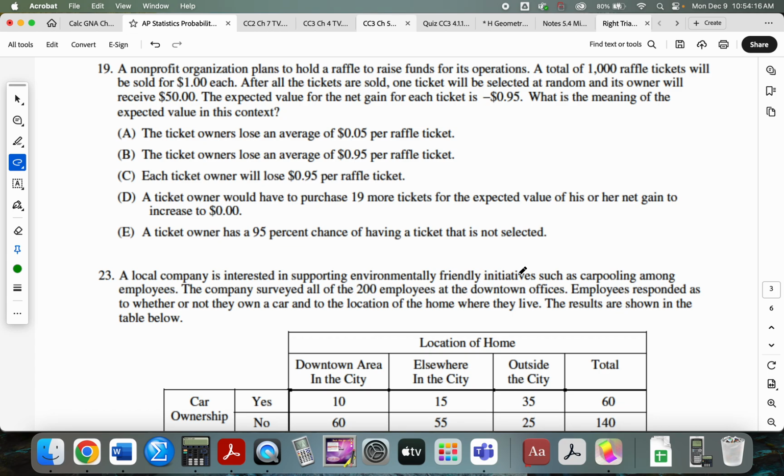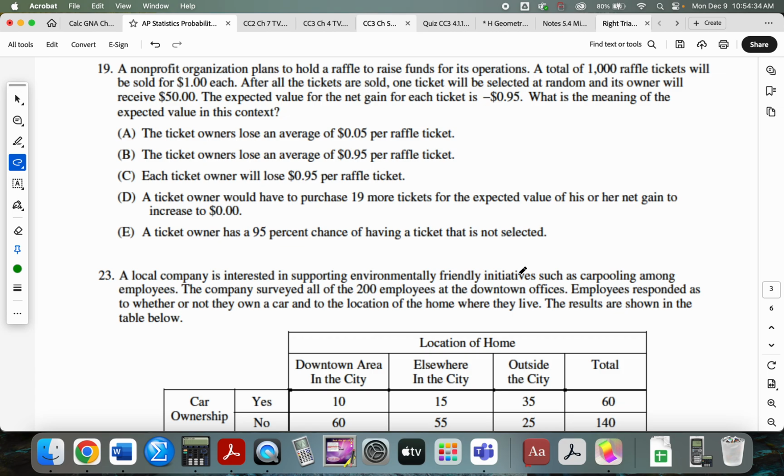So they could have made you calculate that, but instead they're like, we want to see if they understand what that means. The ticket owners, as in each person buying a ticket? Yeah.